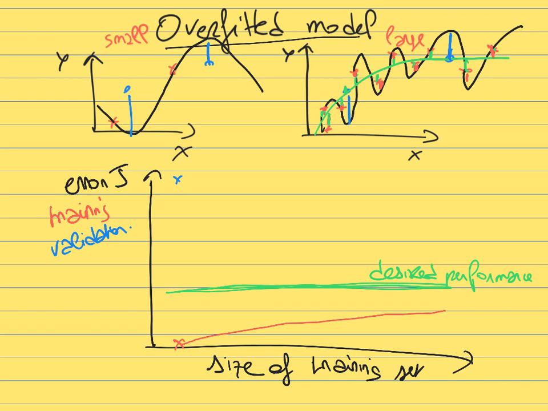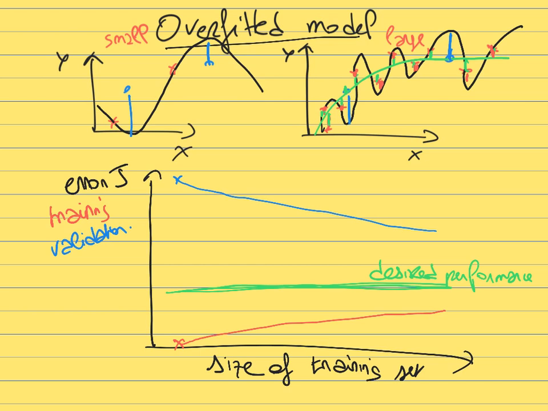The error of the validation set is still going to decrease, because your model still is able to learn by being exposed to more and more data. But the error of the validation set will remain pretty high, because your model is just too complex, too overfitted. So in this case, the learning curve will look like this. The error for the validation set will slowly decrease as you increase the size of the training set.